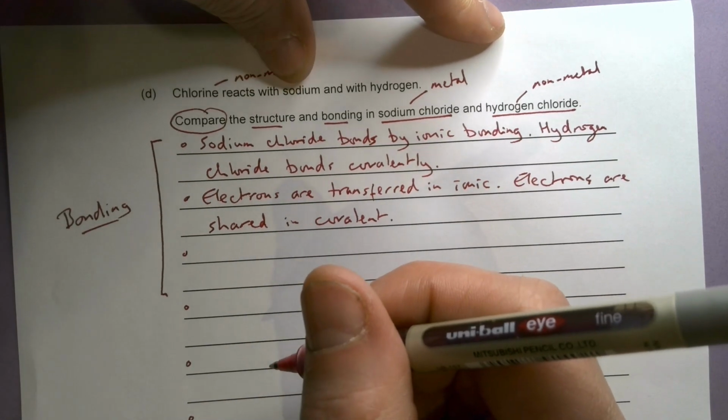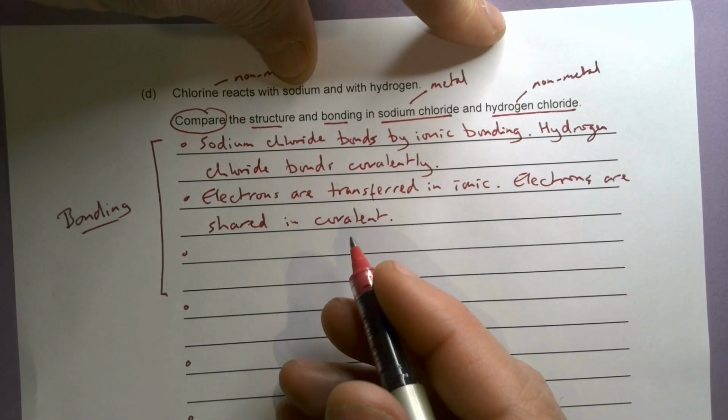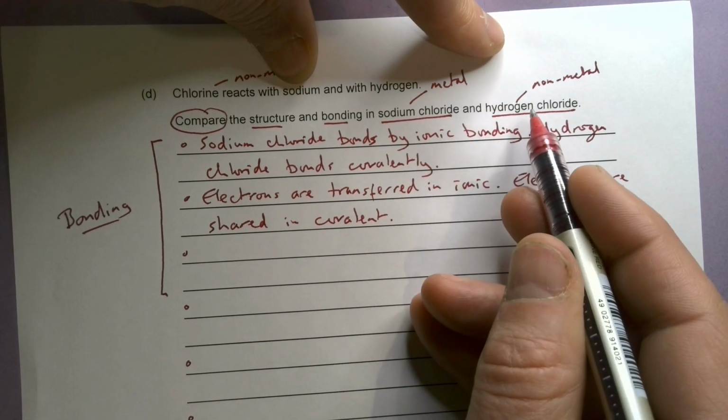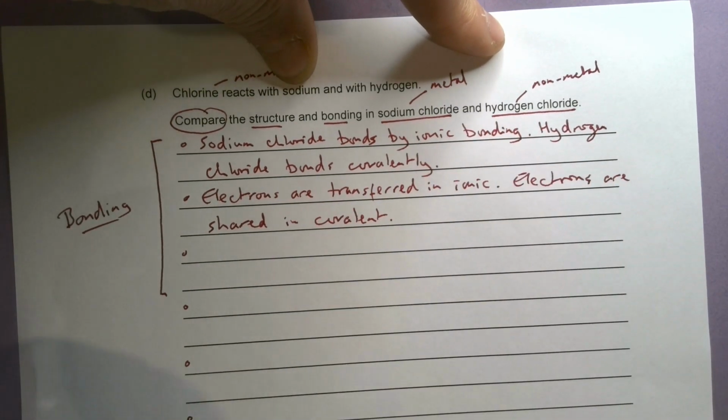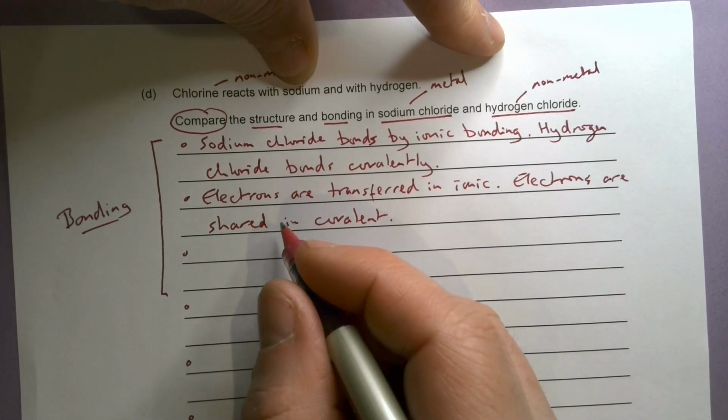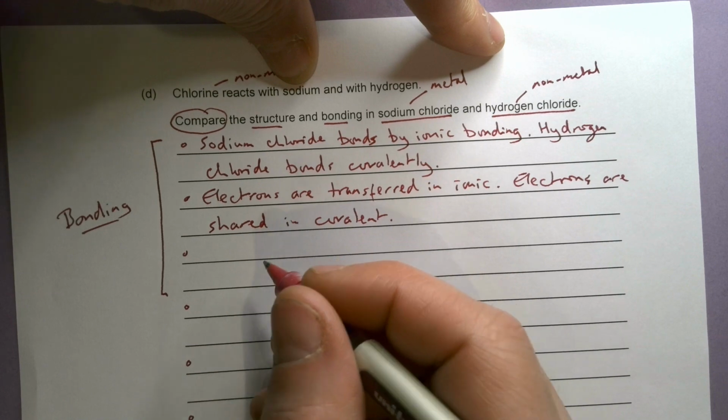Okay, what else do I know about them? I know that in a comparison of sodium chloride and hydrogen chloride, there are strong bonds in both forms. There are also atoms in it with full shells.